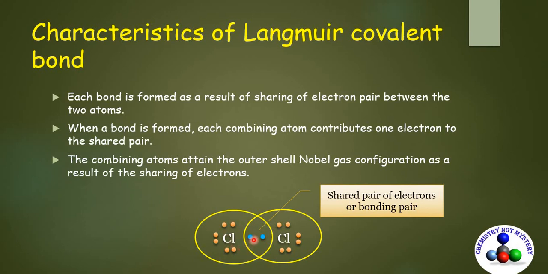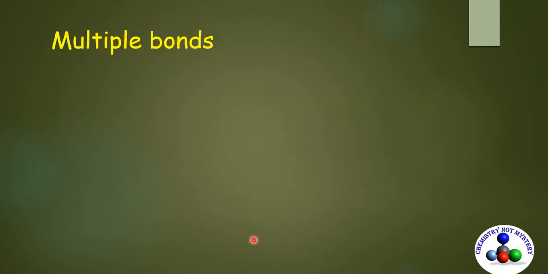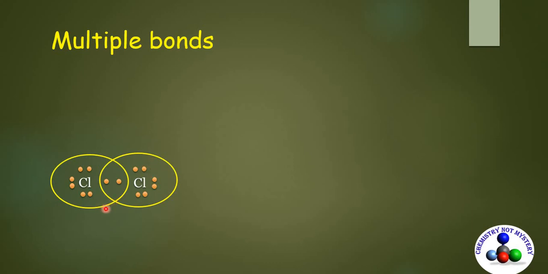But what happens if there is more than one pair of electrons being shared between the atoms? In that case, there will be multiple bonds formed between the atoms. Let's see how. As we discussed the formation of Cl2 molecule, there is one pair of electron shared between the atoms.